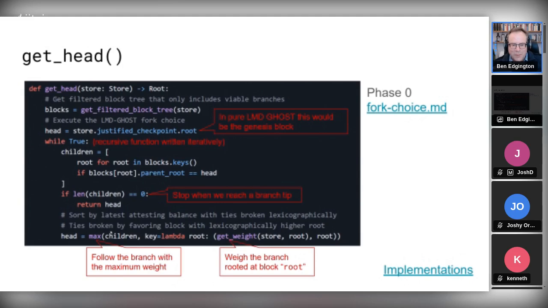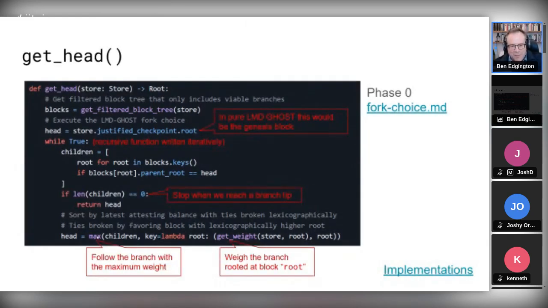But anyway, what we are doing is iterating over the branches that come out of this block. So we start with the root, we find the children of the root block, and we get the weight of each subtree using this get_weight function. And my greatest contribution ever to the Ethereum consensus specs is naming this function. So thank you very much.